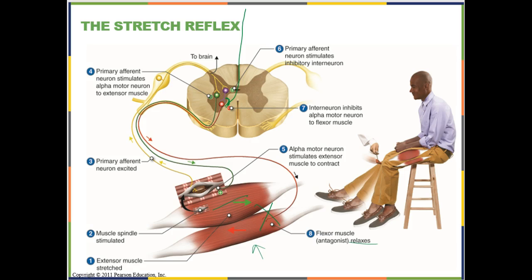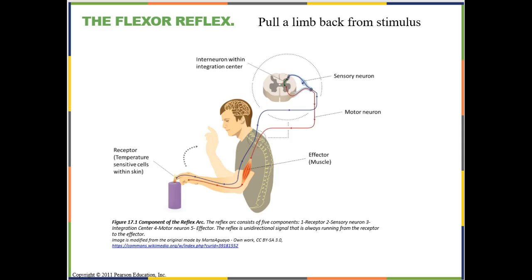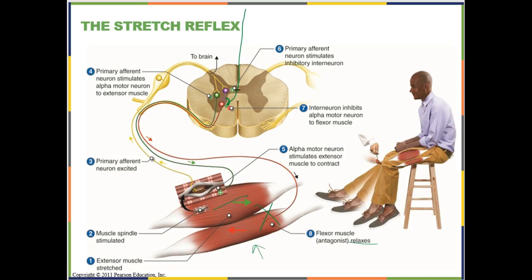But just like this reflex arc here, there probably is in actuality an inhibitory interneuron that is making sure that the antagonist of this effector stays relaxed. So it's probably very similar to this in the wiring, just with a different relationship to the muscle.